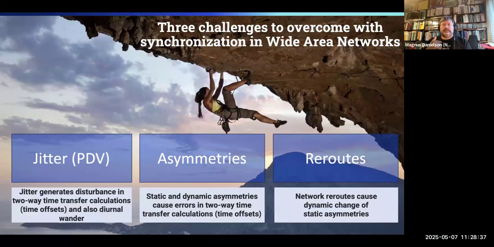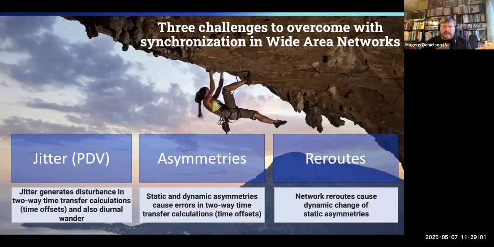asymmetries. There's no guarantee you have the forward and backward path of any exchange taking the same route with the same delays. There are static asymmetries because you take different paths. There can be dynamic asymmetries due to, for instance, the jitter.